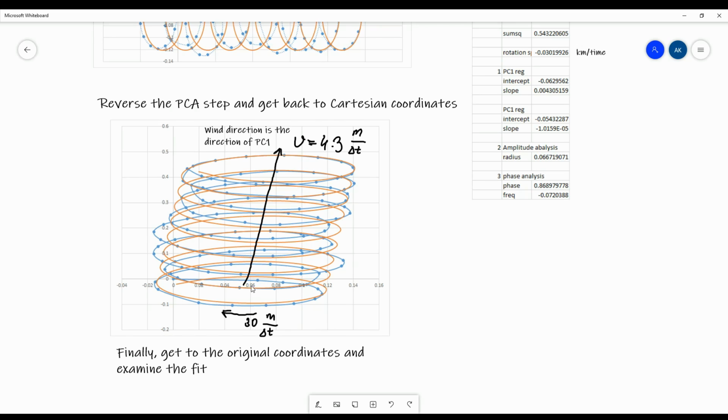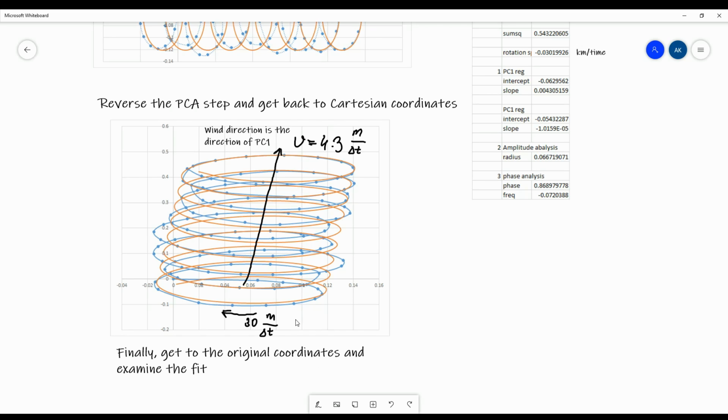All right, and when we look at this kind of a fit, we can say, well, the speed of the wind is 4.3 meters per whatever the sampling interval was. If it was a second, then it was 4.3 meters per second. And then we see that the rotational speed of the paraglider was 30 meters over, again, whatever the sampling interval is.